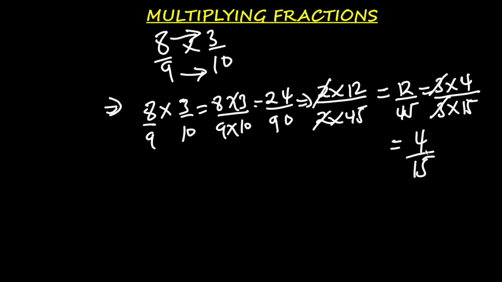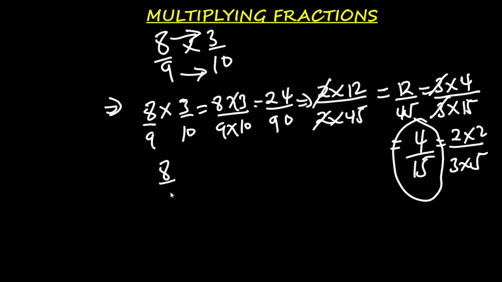Now over here, I don't think I can simplify this further, because even if I break it into 2 times 2 and 3 times 5, as you can see, there are no common numbers in the numerator and denominator to cross out. So I'll just leave the answer like this, 4 over 15. But before going through all this tedious process, even before we multiply, we can simplify.